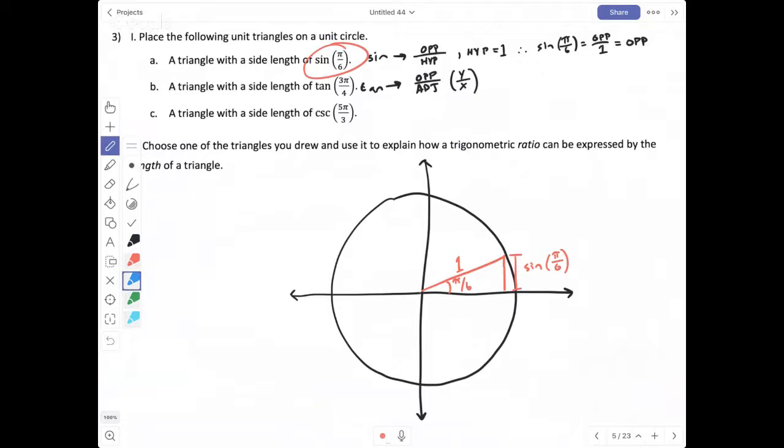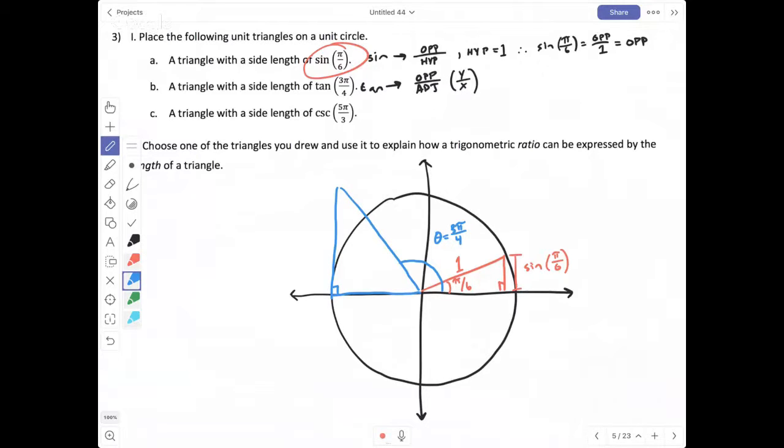So I'm going to go over here, make the x value equal to 1, and I'm going to make an angle of 3 pi over 4, which comes around like that. And I'm going to make a right triangle. So theta equals 3 pi over 4. And right triangle, just like this was a right triangle.